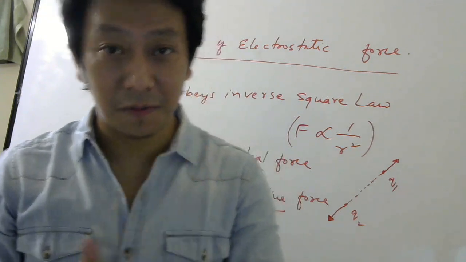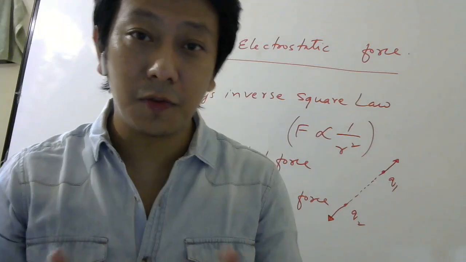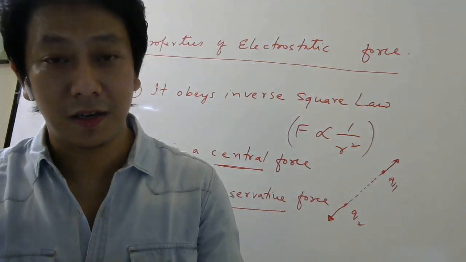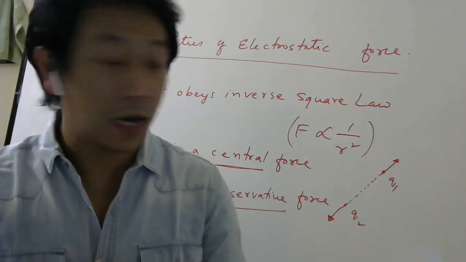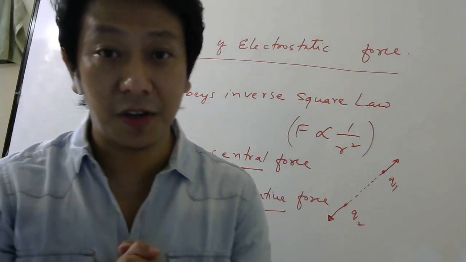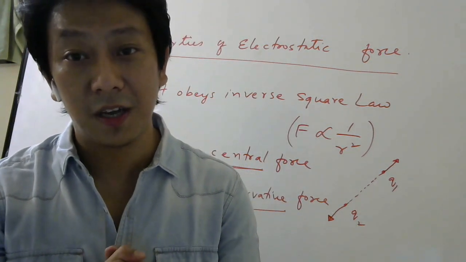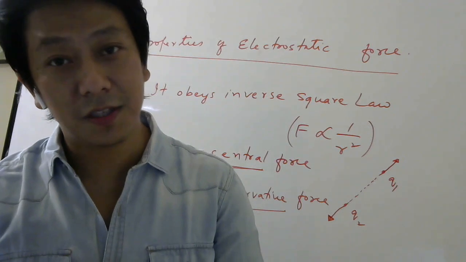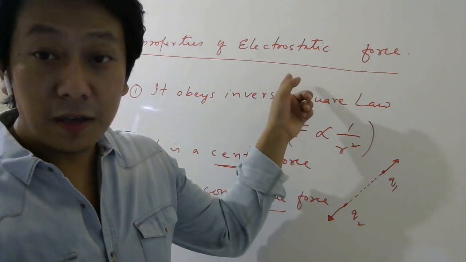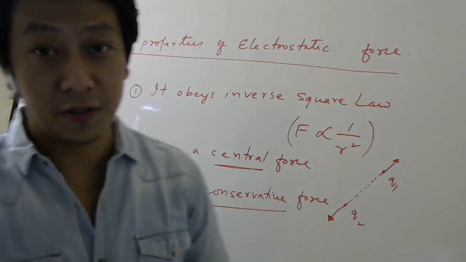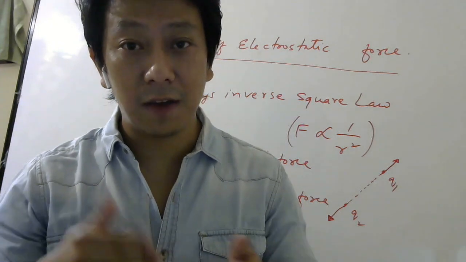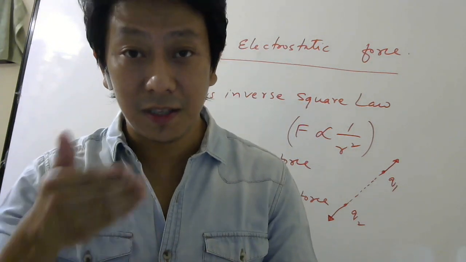Now don't think all the forces in nature are conservative. Friction, for example, is not a conservative force. However, gravitational force is a conservative force. Electrostatic force is also a conservative force. Detailed proof of this we will be discussing in second chapter.